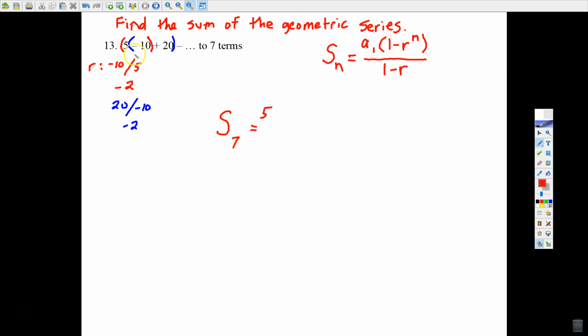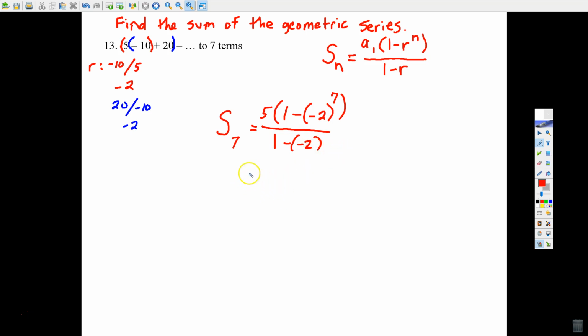We can see that from our given problem. 1 minus R. Remember, we found out what R is. It's -2. Notice I'm putting -2 in parentheses. And now I'm going to raise R to the same number that I put in for N, 7. There's 7 terms. And then in the denominator, I'm going to do 1 minus R again, where R is -2.